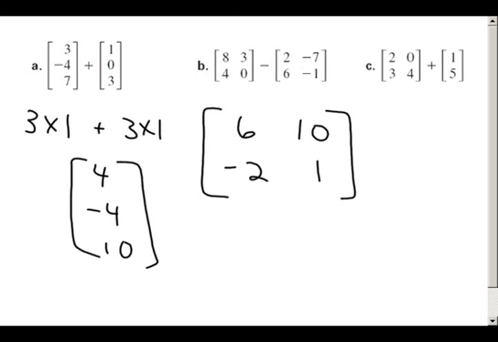In this case, we have 2 by 2 plus a 2 by 1, and I probably don't need to tell you, this is a no way, Jose. Can't add these two because they don't have the same dimensions.